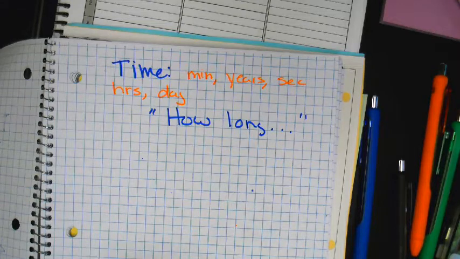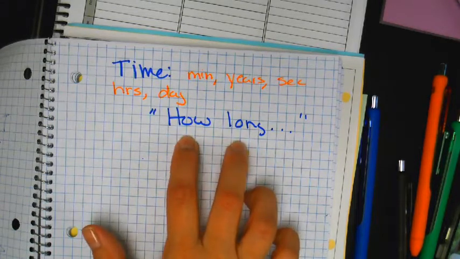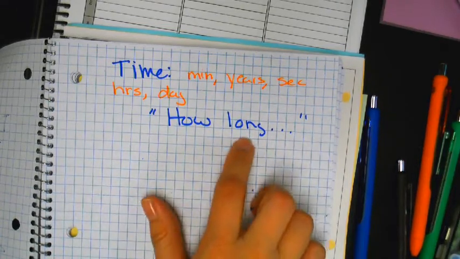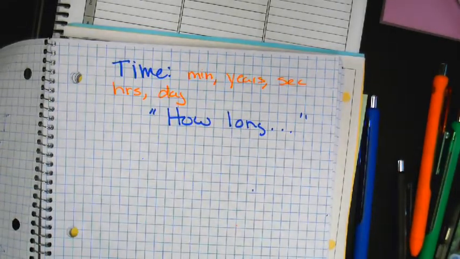Students will read how long, and then they think, oh, it's 25 inches because it says how long. And it's like, no. In here, how long is time. So be careful. That's the one that kids mess up a lot. How long did it take? Yes. All right.